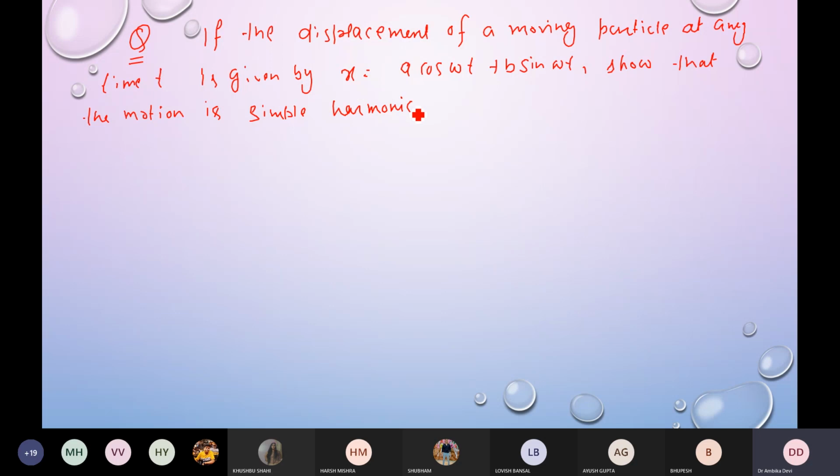So that the motion is simple harmonic if a is equal to 3 centimeter, b is equal to 4 centimeter, omega is equal to 2 per second.